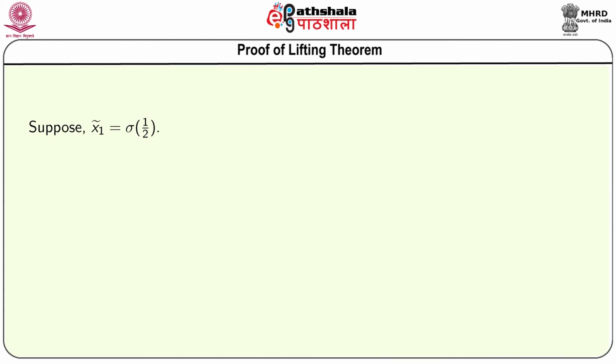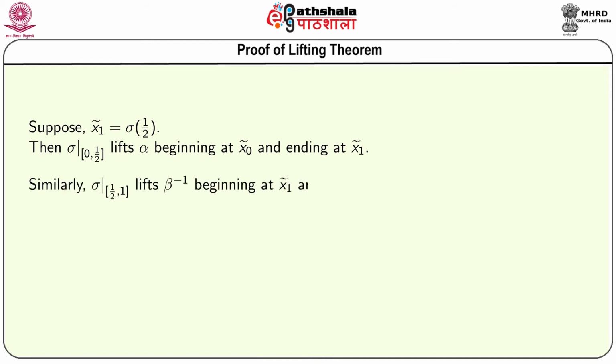Suppose we take x1 tilde as the point sigma of half. Then sigma restricted to the closed interval 0 to half lifts alpha beginning at x0 tilde and ending at x1 tilde. Similarly, sigma restricted to the closed interval half to 1 lifts beta inverse beginning at x1 tilde and ending at x0 tilde.